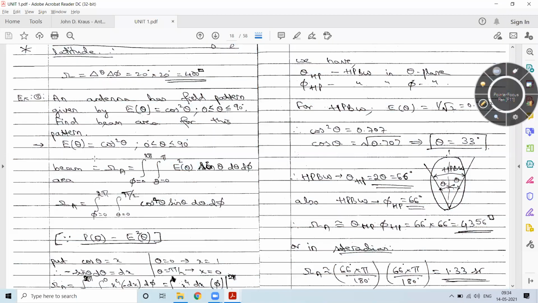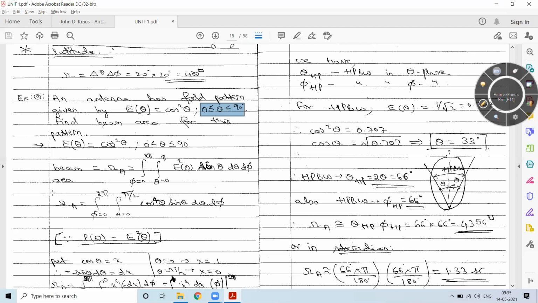So in this case, I am using the pattern which is provided in order to obtain the beam area. Therefore, omega A is the double integral of E square, since this has to be the normalized power, and power is the square of the field pattern: E square sine theta d theta d phi. Here theta is in the range 0 to pi by 2.